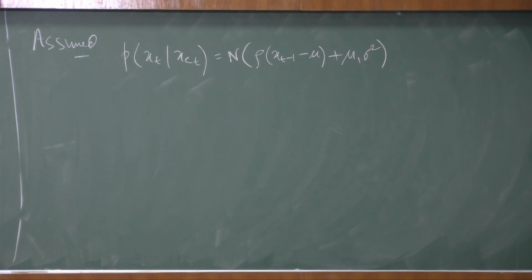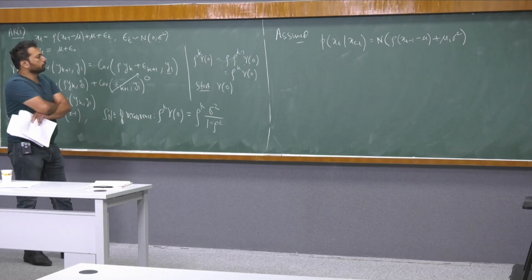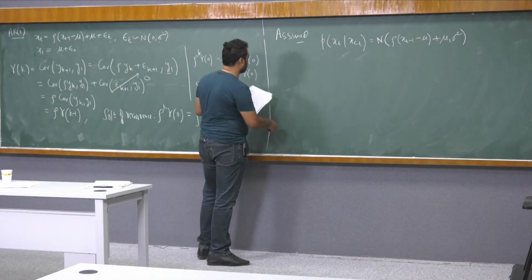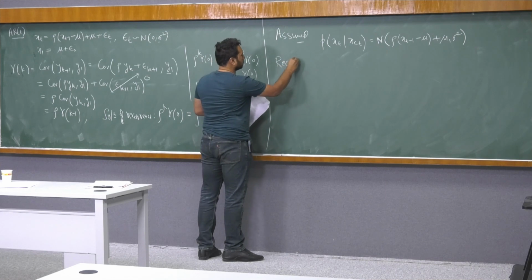Another thing that we would like to compute is the regression parameter rho. So from this model, we will write the expression for the normal distribution, the multivariate one.